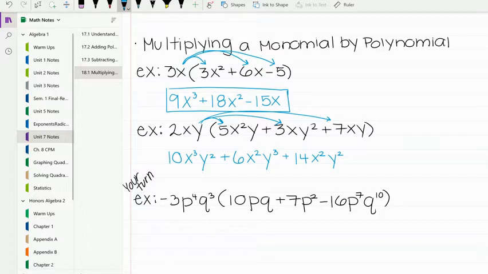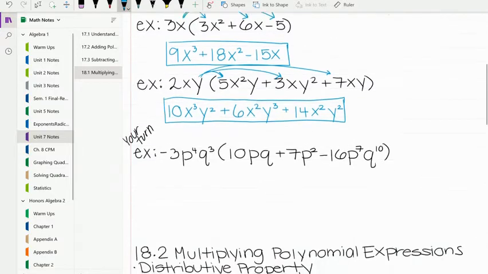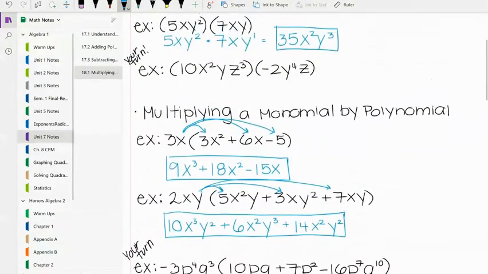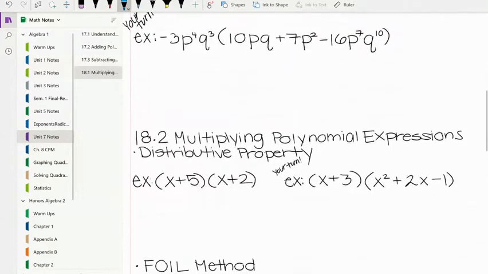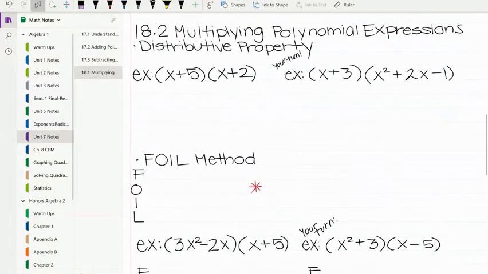Now, we're not going to get too particular on that kind of thing, but we do want to make sure that both the 10 and the 6 are in front of the 14 because that has a degree of 4. Okay, so the your turn, again, you guys will try that one on your own. So that was it for section 18.1. So now we're going to go into section 18.2.